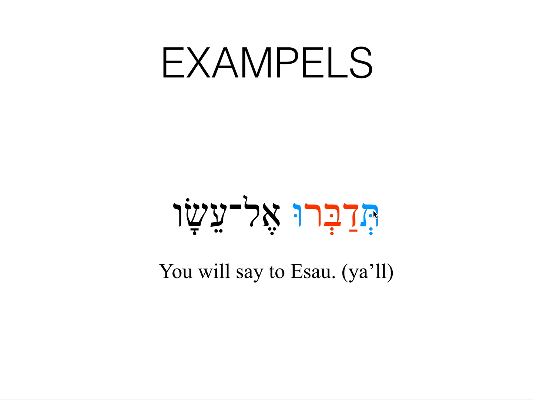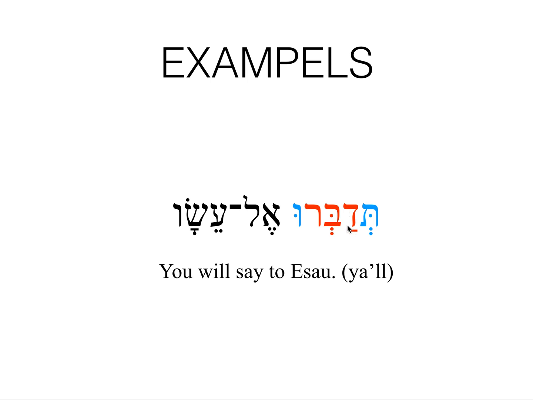First of all, it tells us, in this case, that it's an imperfect, and it tells us the person, which is 2mp, second masculine plural. And if we look at the vowels, it tells us the stem is sheva. We have two options. It's either pual or piel. We can double check that we have the dagesh in the middle, and we do.